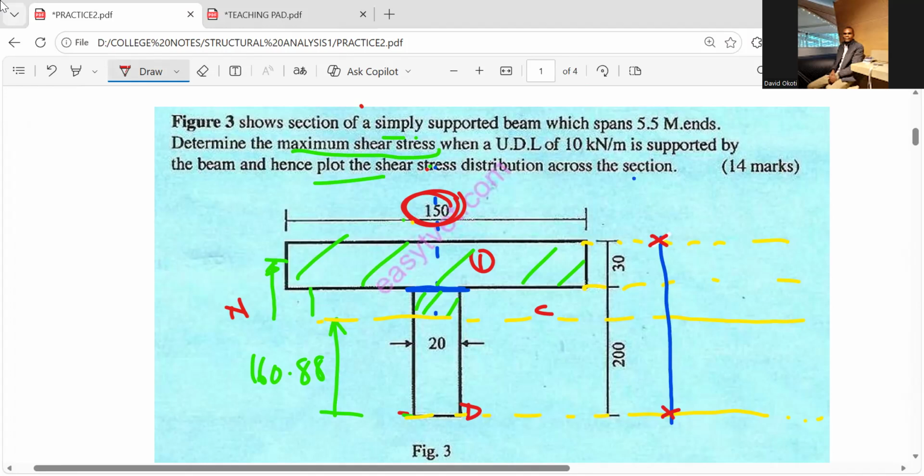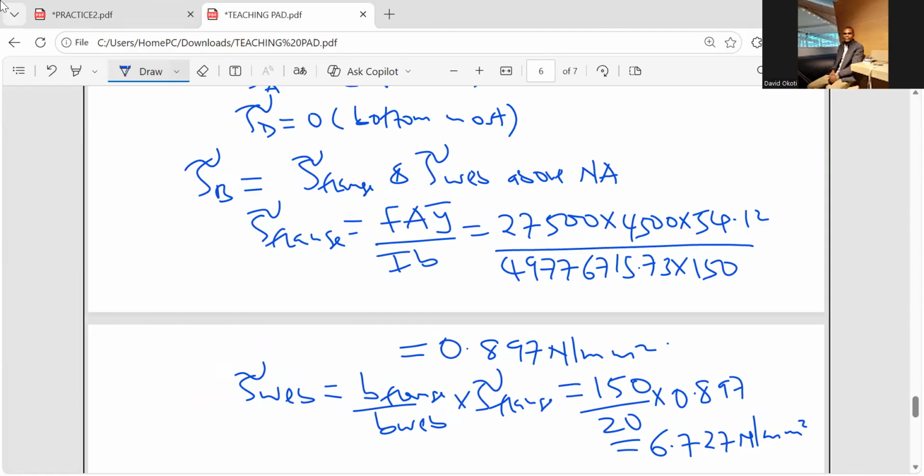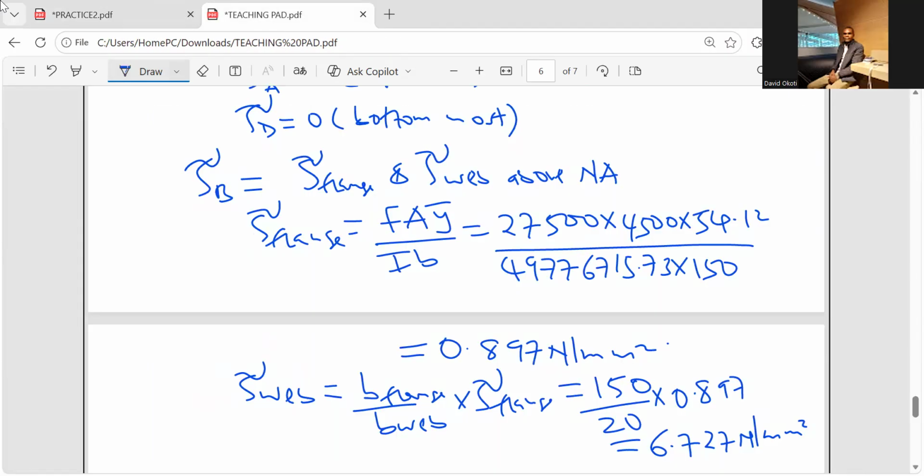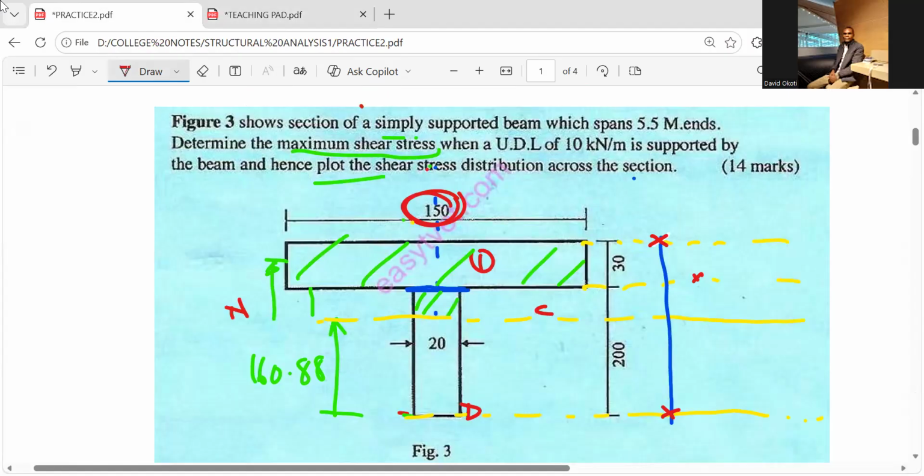Now we shall move to the junction between the web and flange. First of all, we plot the value for flange, 0.89. Now I can plot it here. I'm not drawing to scale, so no worries. On the same line through the junction, I plot the value of shear stress in the web, which is 6.7.